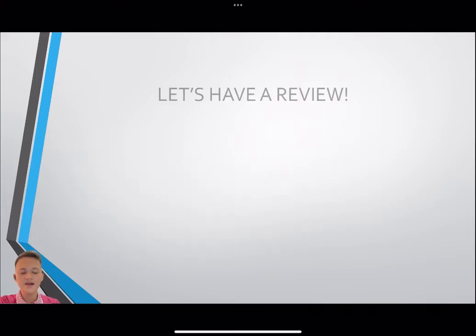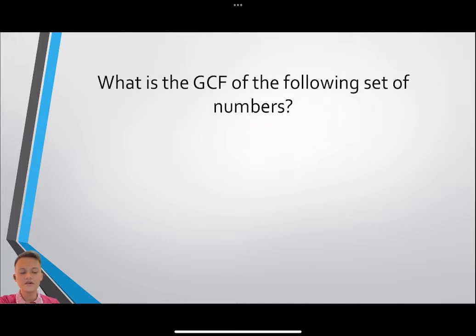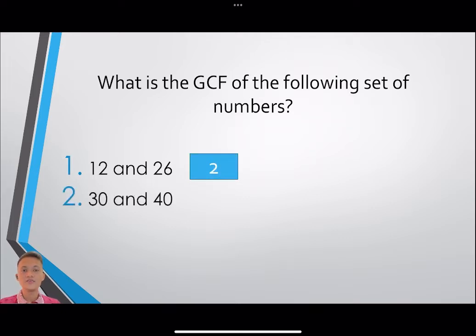Let us have a review. What is the GCF of the following set of numbers? Number 1, 12 and 26. What do you think? Right. The GCF is 2. Next, 30 and 40.